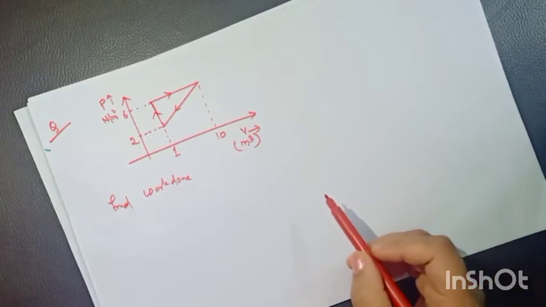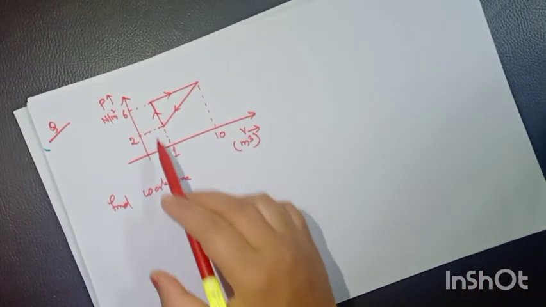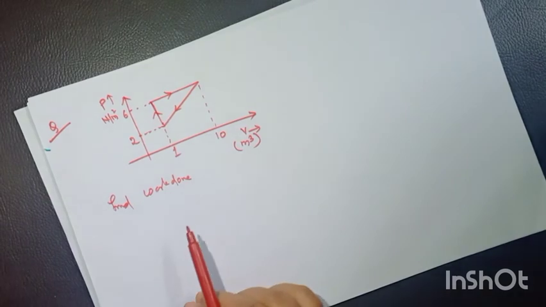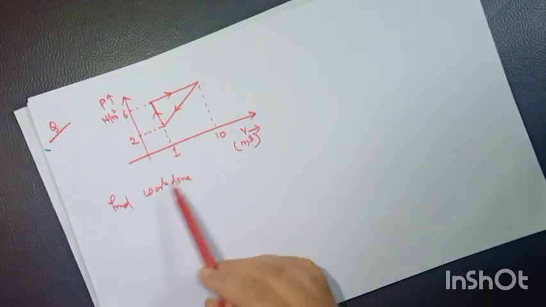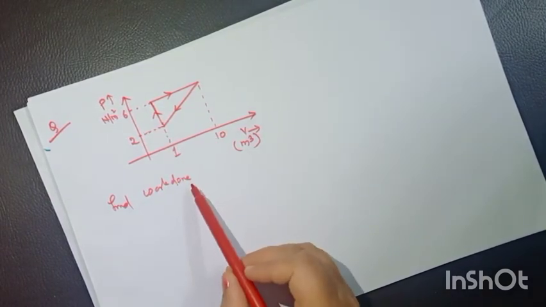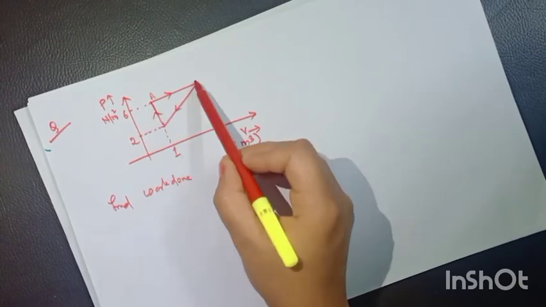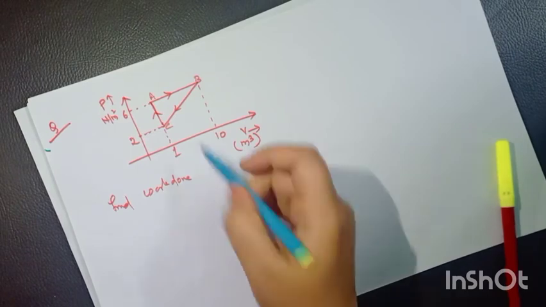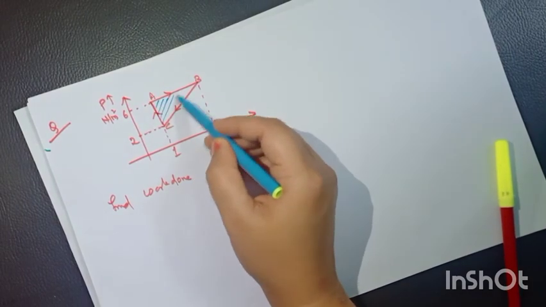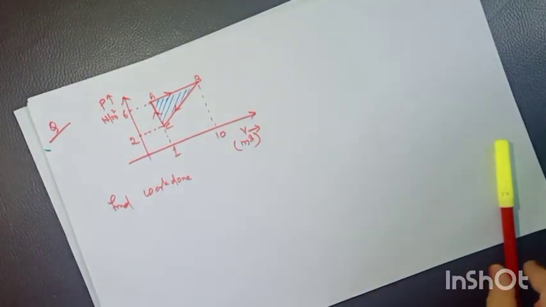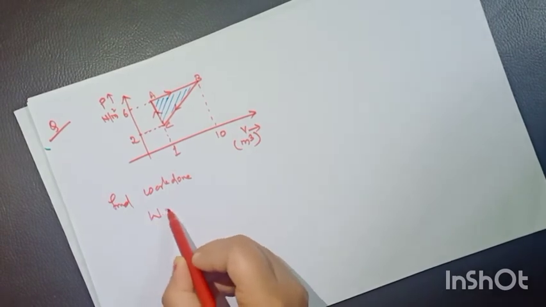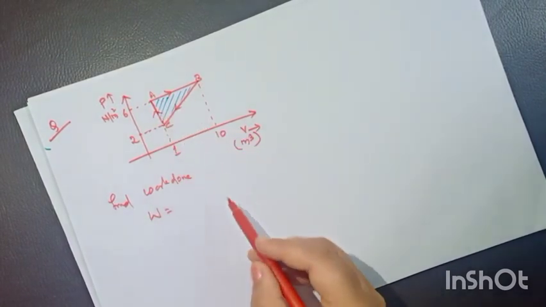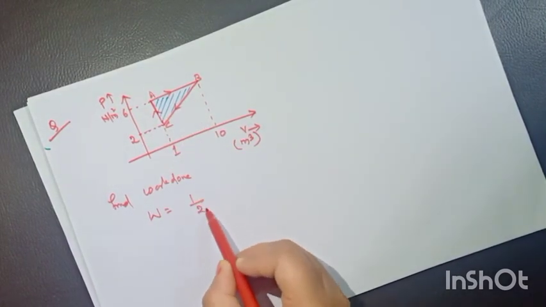So the next question is to find out the work done during this given process. Here is the graph where we will find out the work done during the process. The process is a cyclic process, and we all know that if there is a cyclic process, then the work done is nothing but the area enclosed by the cyclic process. So we need to find the area enclosed, that is half base into height.